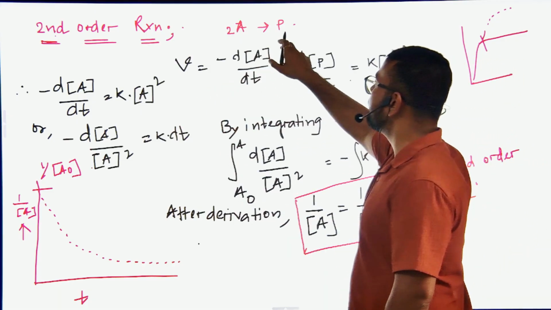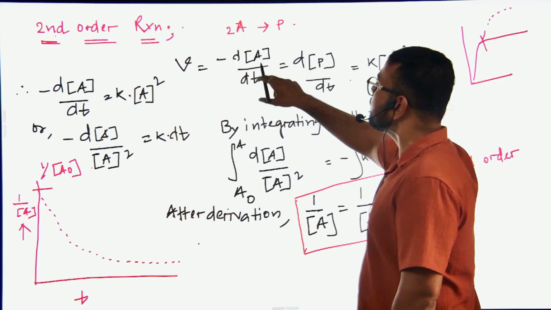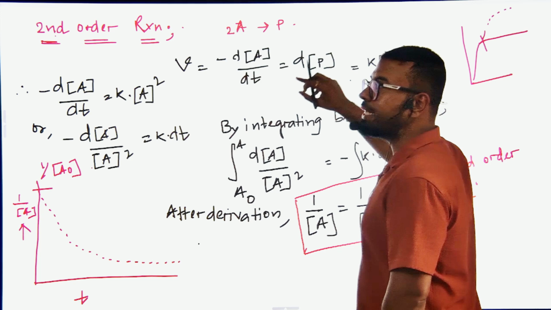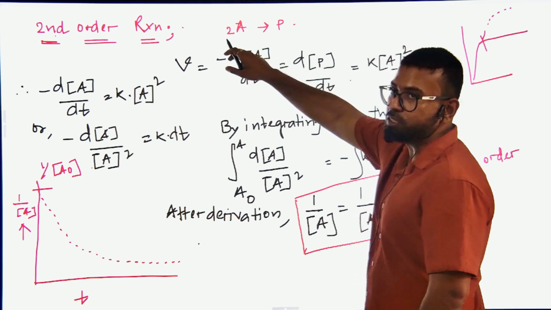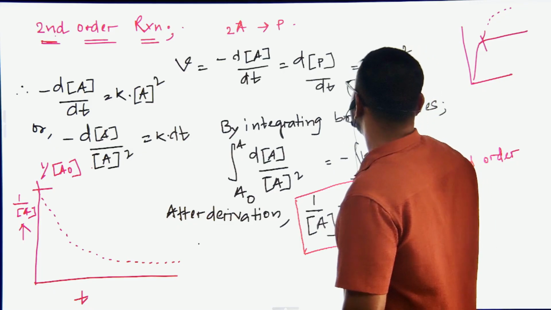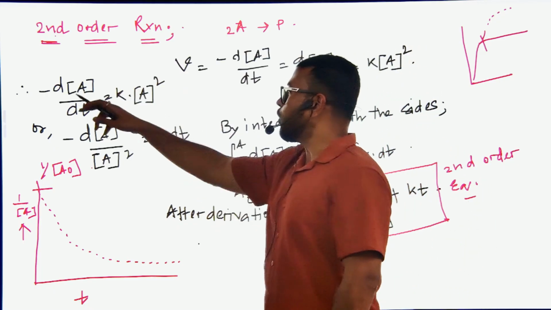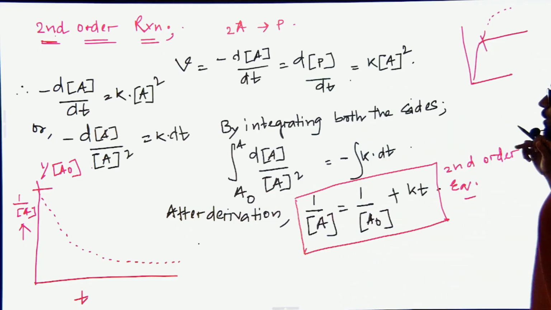As A is getting converted into P, then dissociation of A, dA by dt, and dissociation constant Kd should be Kd into A square. Why square? Because two molecules of A are involved. Now plotting these two, we are finally getting this kind of an approach for second order.